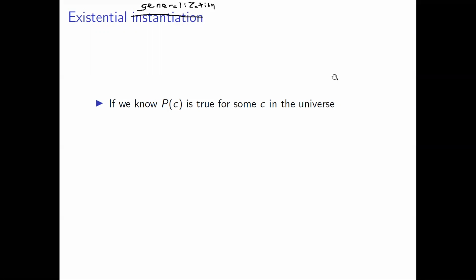And this one works pretty much in reverse of the existential instantiation. So in this one, suppose that we already know that P of C is true for some C in the universe. Then we can conclude that the proposition exists x, P of x is true in the universe.